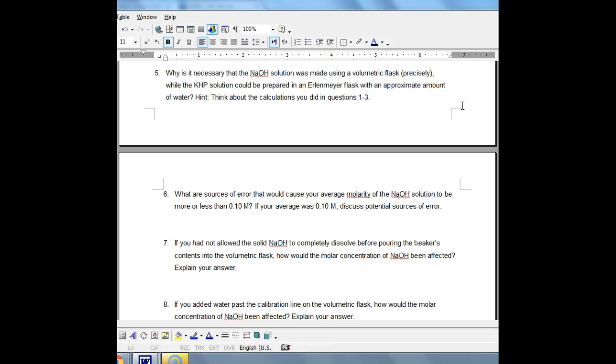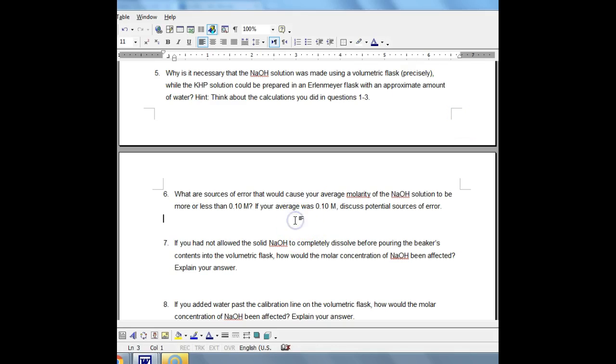So what I want you to think about, why was it important for me to be specific when preparing the NaOH solution to try to make it as close to 0.1 molar as I could, but why was it not so necessary about the KHP? How did the KHP relate to the NaOH? Think about the calculations you did. Okay? I hope that's sufficient. If you need more help, come and see me.